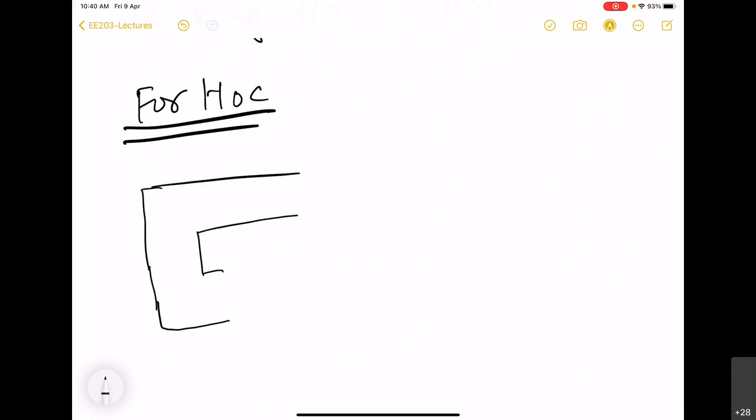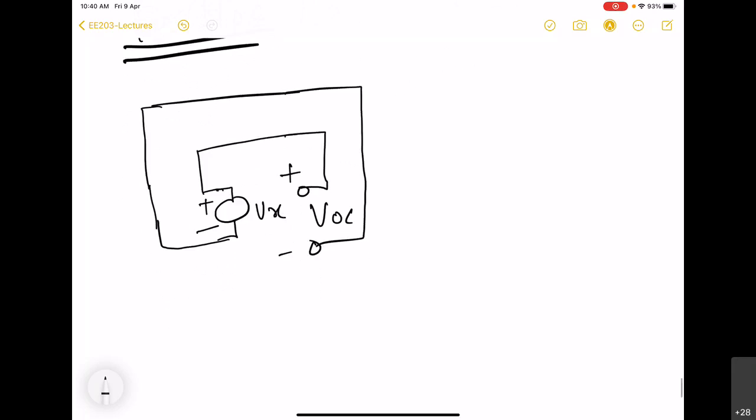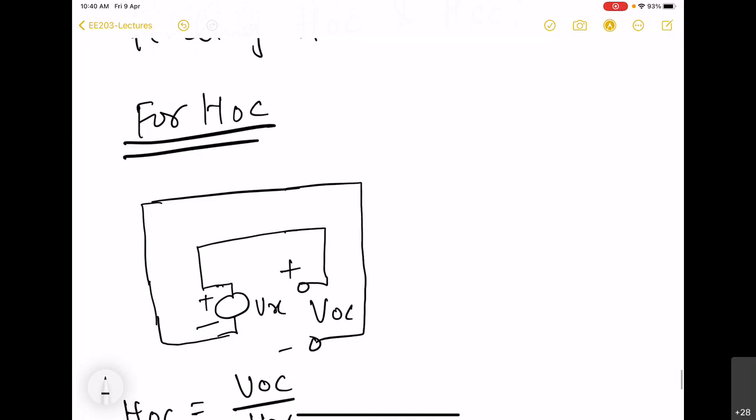So we have, of course, broken the loop, and then we connect a test source Vx, and as the name suggests, we try to find out the open circuit voltage here. So here HOC is going to be VOC divided by Vx.